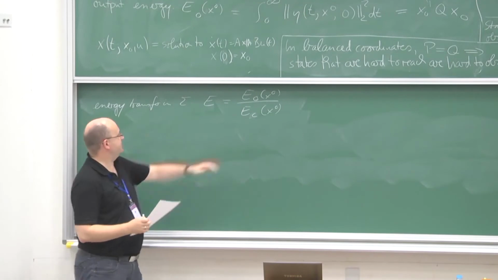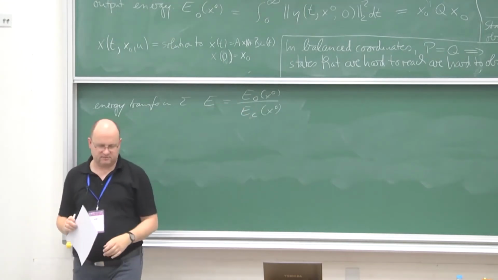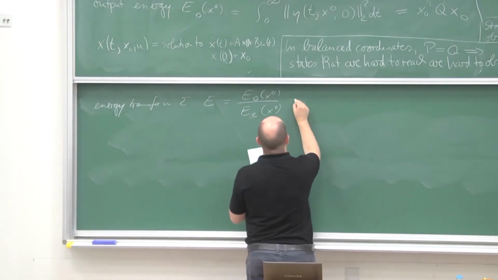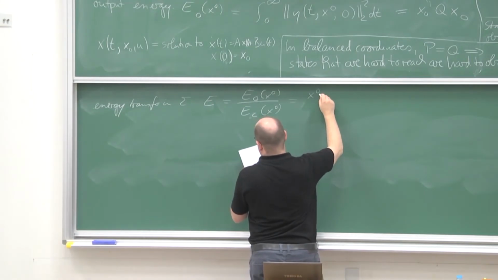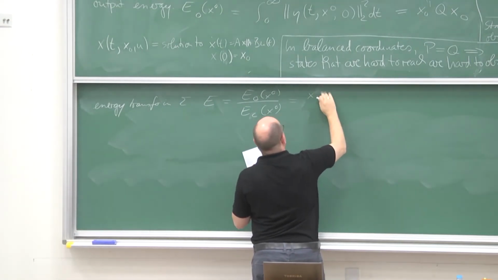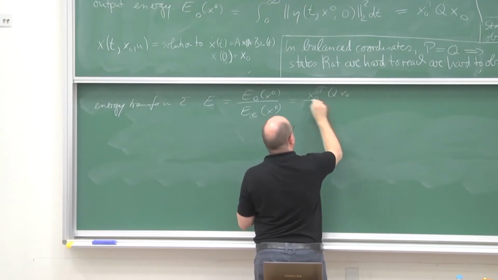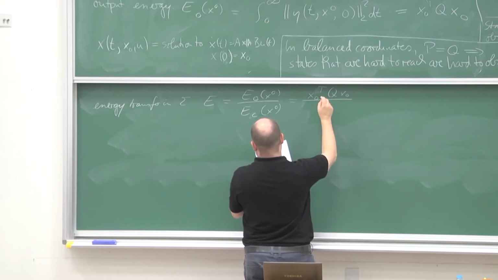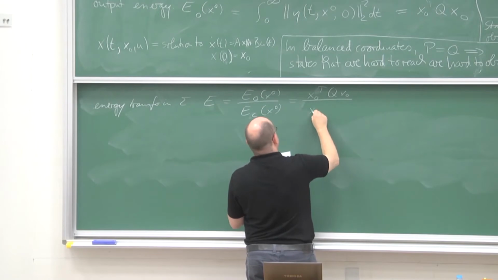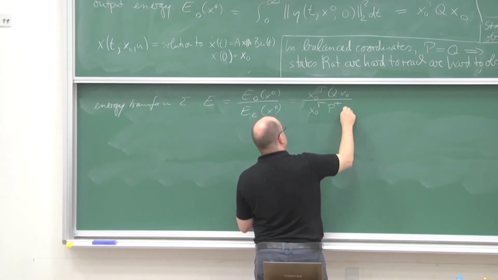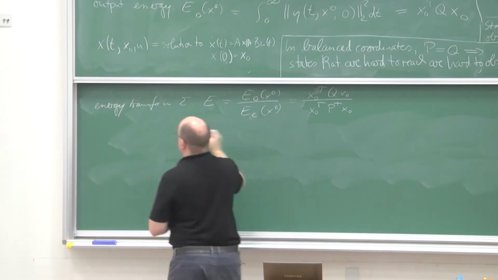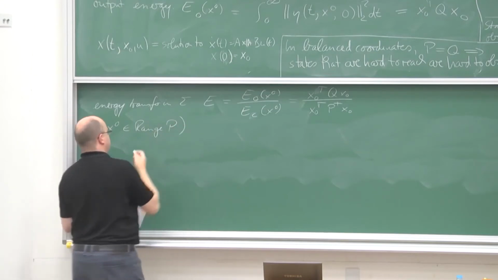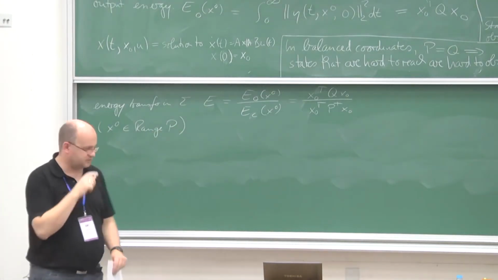So the ratio of input to output energy, which is an interesting quantity, by the formulas that we just computed, is x0 transpose Q x0 divided by x0 transpose P plus x0, with x0 in the range of P. Otherwise the denominator becomes 0.